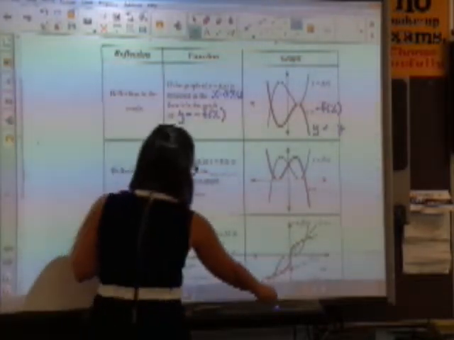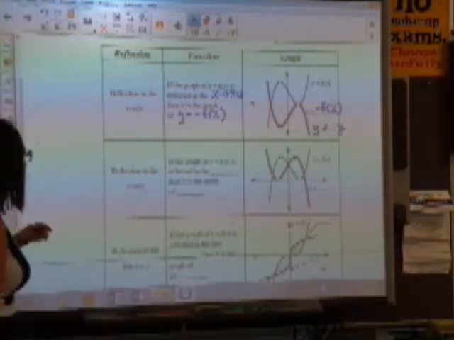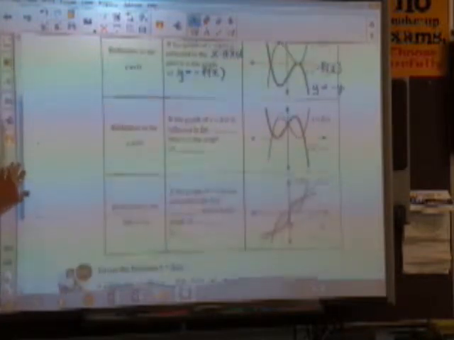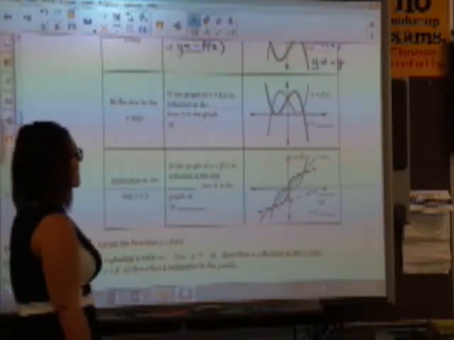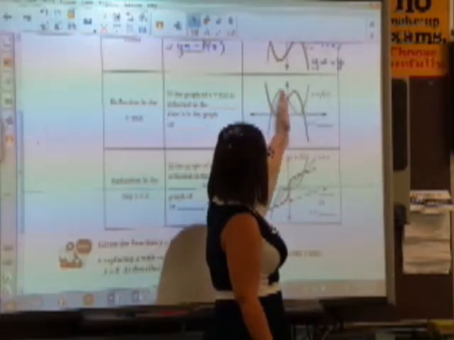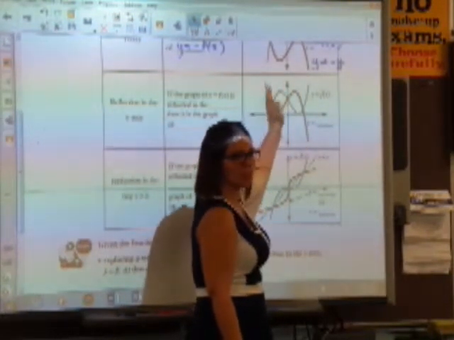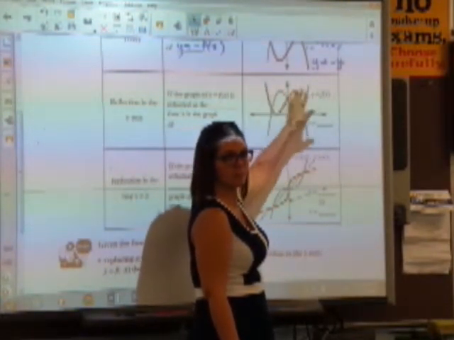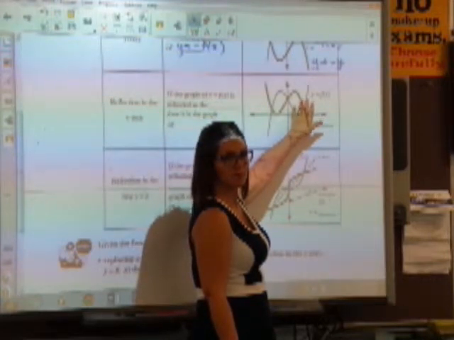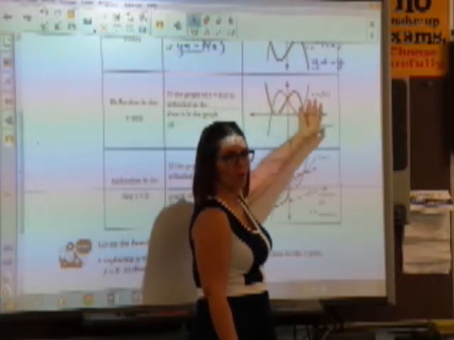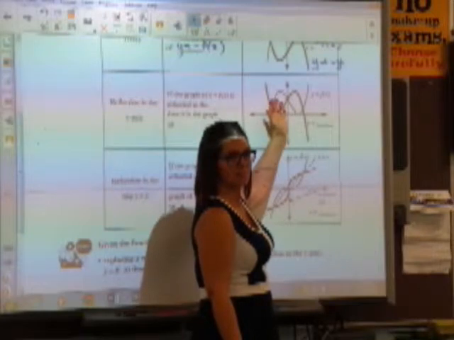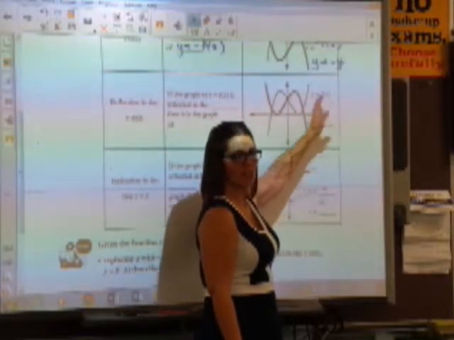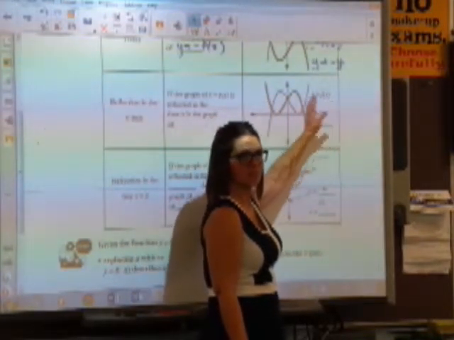So then if I look at the second one, a reflection in the y-axis, if I do this reflection in the y-axis, which coordinates are being impacted? The x or the y? Which coordinates are being changed when I reflect in the y-axis?